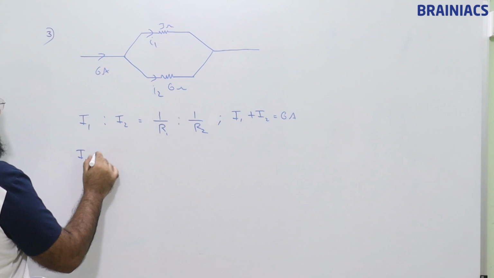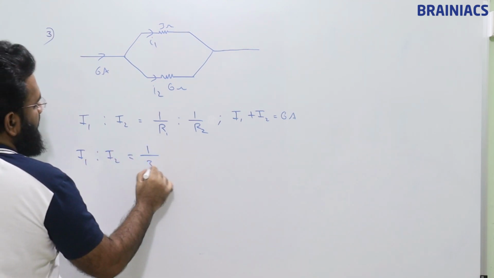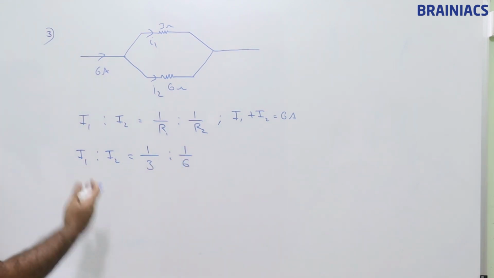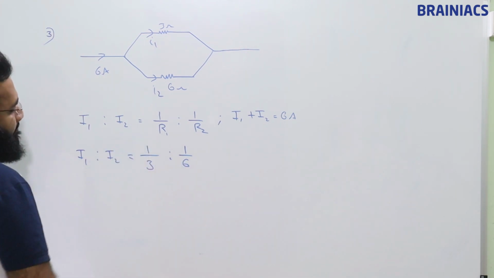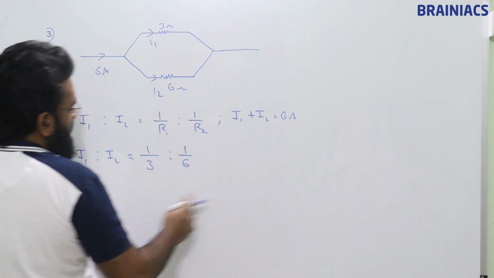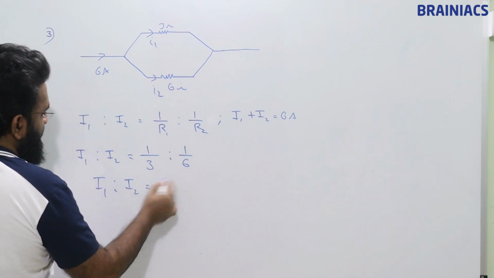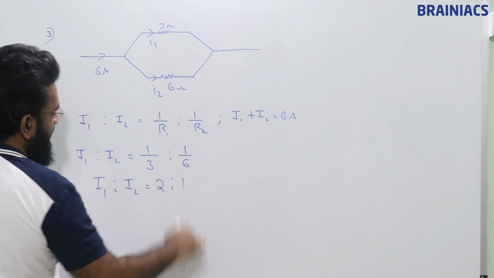So I1 is to I2 is equal to 1 by 3 is to 1 by 6. Now how to make it into a proper ratio? Multiply with the biggest number. If we multiply with 6, we get I1 is to I2 is equal to 2 is to 1.